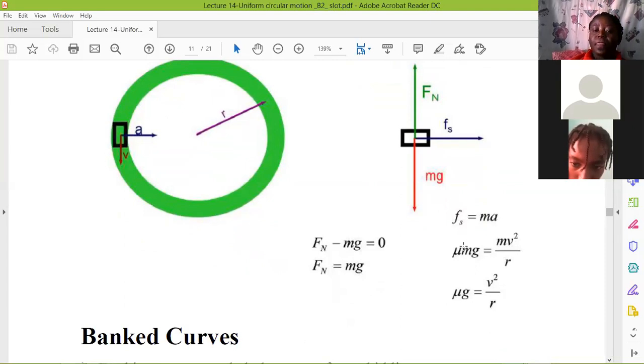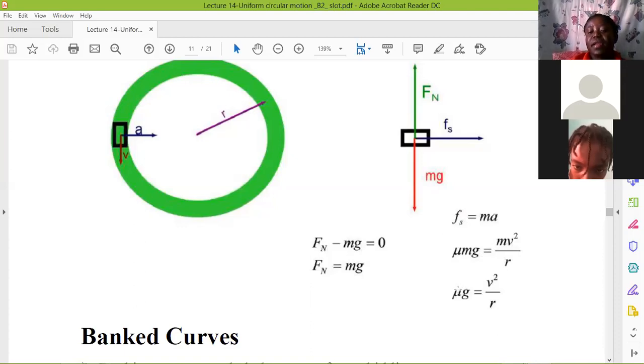The frictional force equals the coefficient times the normal force, and the normal force equals the mass times the gravitational acceleration. If we substitute there, then this is what we have.